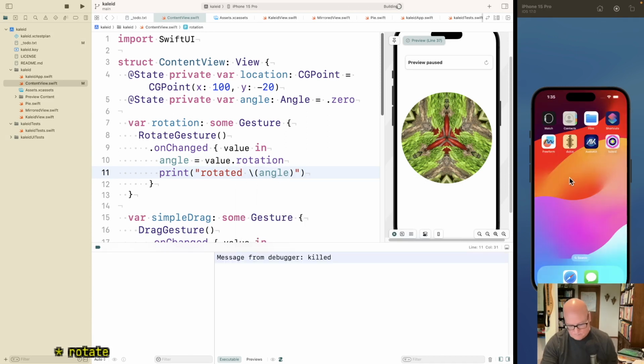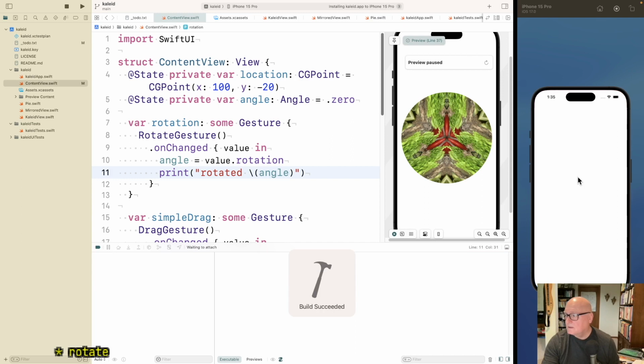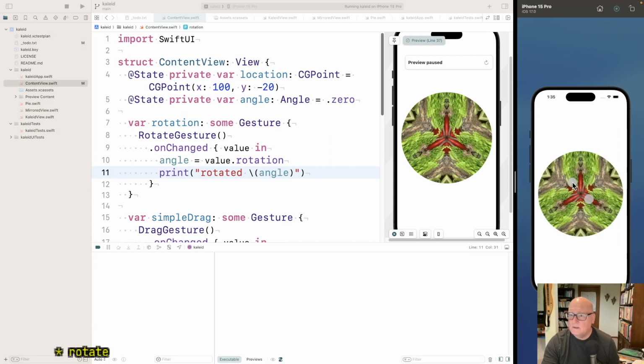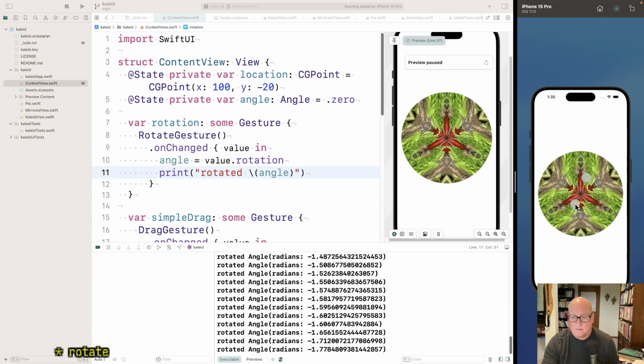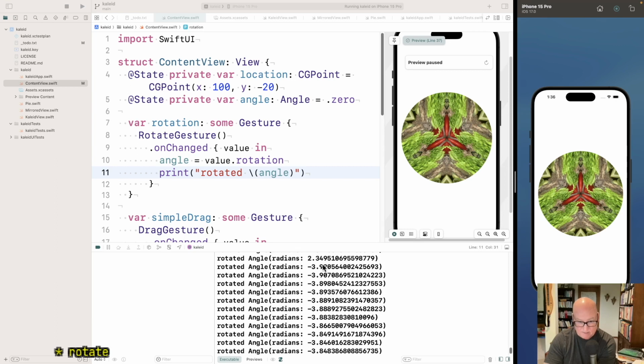Just to make sure I understand it. Yeah, so it's in radians, but minus 2.3 to 3.89 radians. Well, 2 pi radians is 6 point something. I guess if you divided it, no, I don't know.